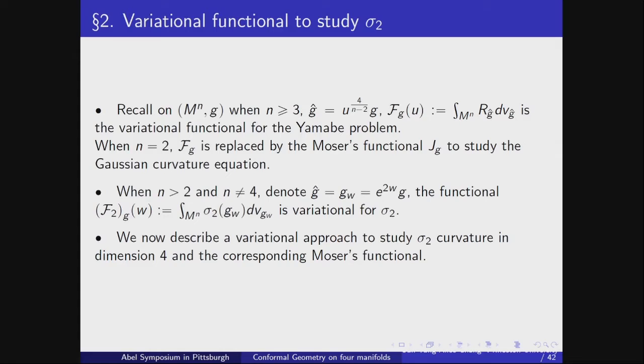Okay. Now let me discuss what the variational approach to study sigma 2 is. As I already have mentioned, to study the second order PDE, for the Yamabe problem, when n is bigger than or equal to 3, we have an easy, natural functional to study, to boil it down to a variational problem, and that's just the integration of R_g.